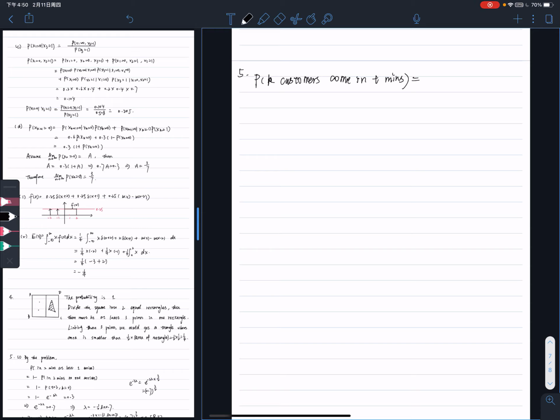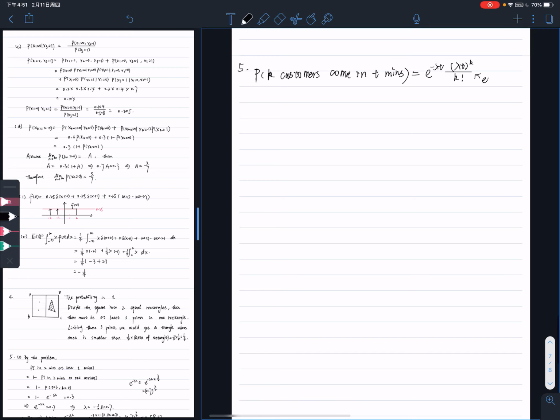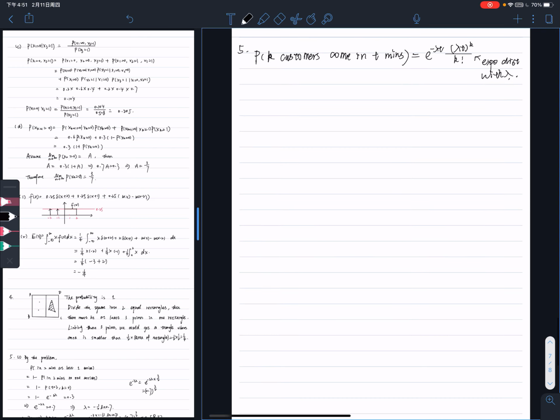It is e to the power of minus lambda t times (lambda t) to the power of k over k factorial. So for the first part of this problem, we want to solve for the parameter lambda.